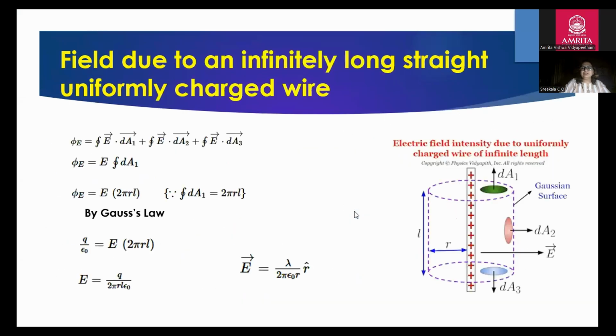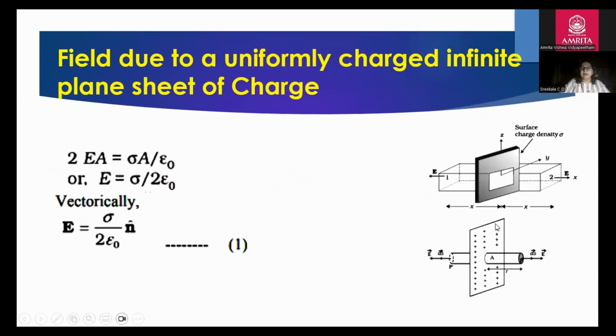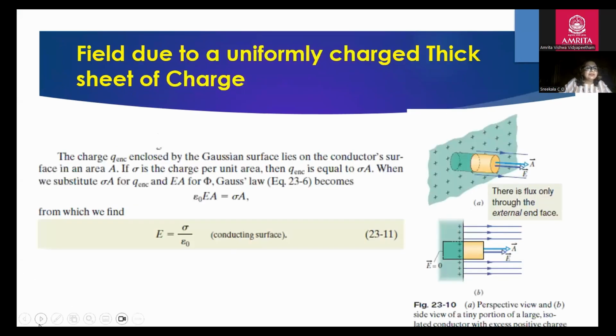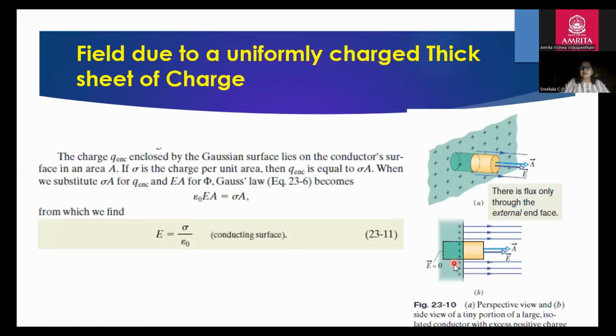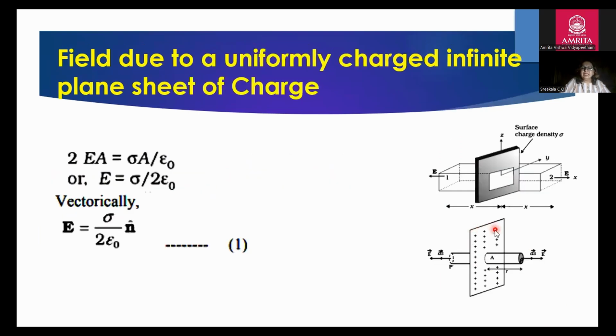This is a thin sheet of charge. Imagine this as a paper, one paper of your notebook. Then we take a point very near to it. The Gaussian surface is cylindrical, and it is passing through that point.